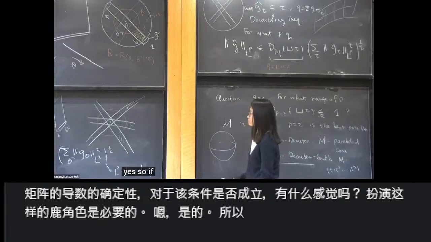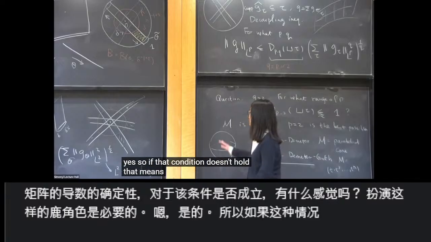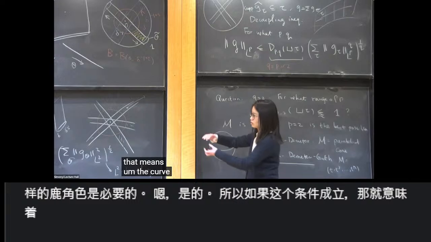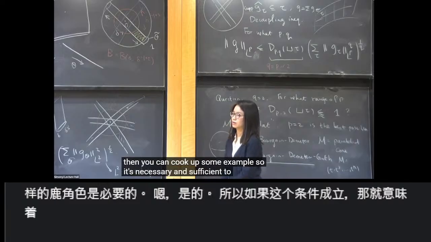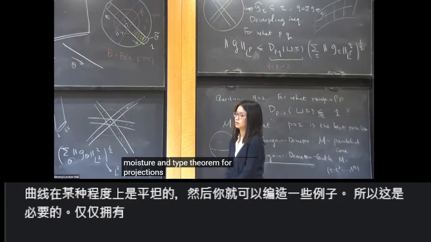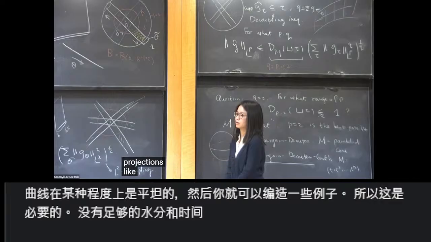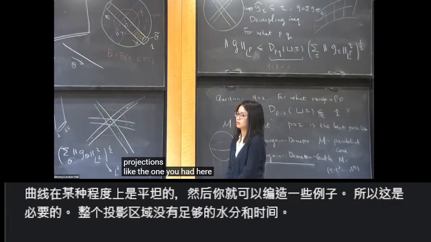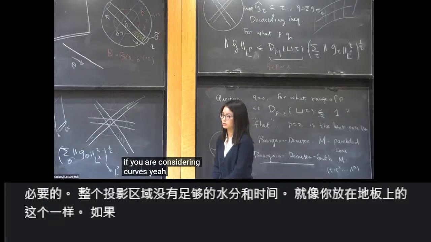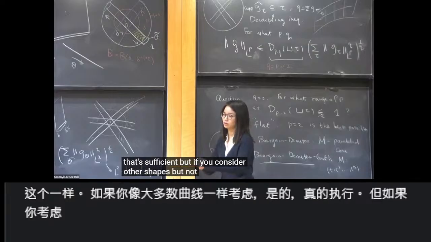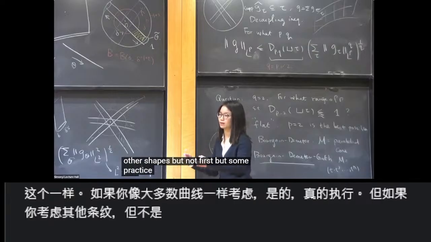If that condition doesn't hold, the curve is flat in some way, and then you can cook up some example. So it's necessary and sufficient to have a Marstrand type theorem for projections like the one you had on the board, if you are considering smooth curves. But if you consider other shapes, say not curves but some fractal sets, then I don't know.